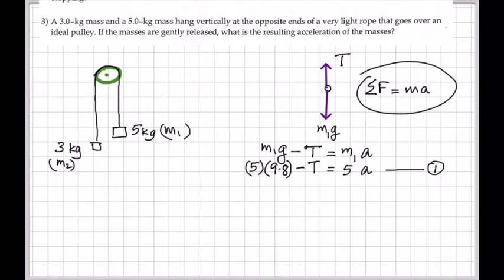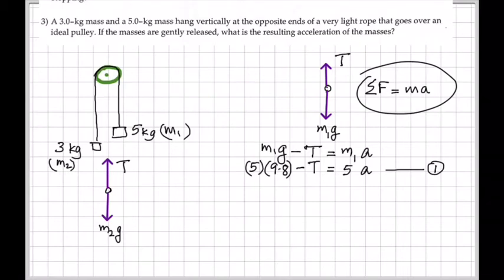Now, what direction is the second object moving in? Up or down? Up. Therefore, oh wait, I didn't even draw the forces. What are the forces acting on it? m2g acting down and tension acting up. And remember, it'll be the same tension because it's one string. But this one, of course, would be m2g. Which one of these forces is bigger?